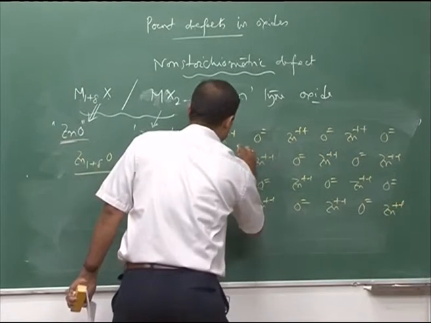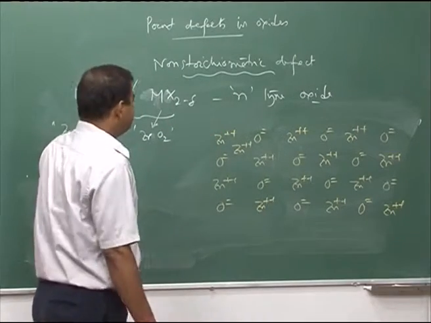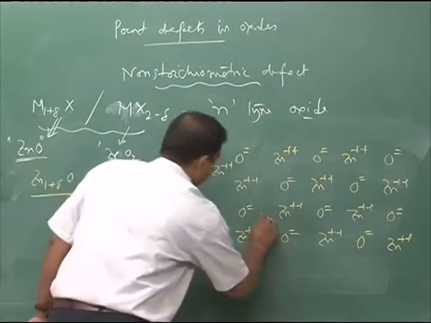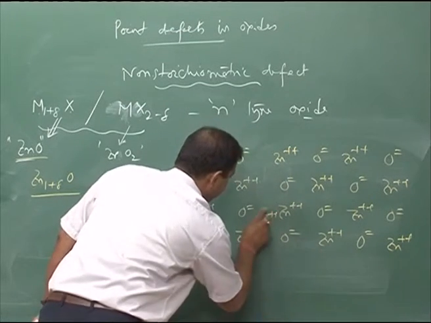Let us say there are 2 excess cations and those will be in the interstitial positions. So, here is 1 and here is 1.